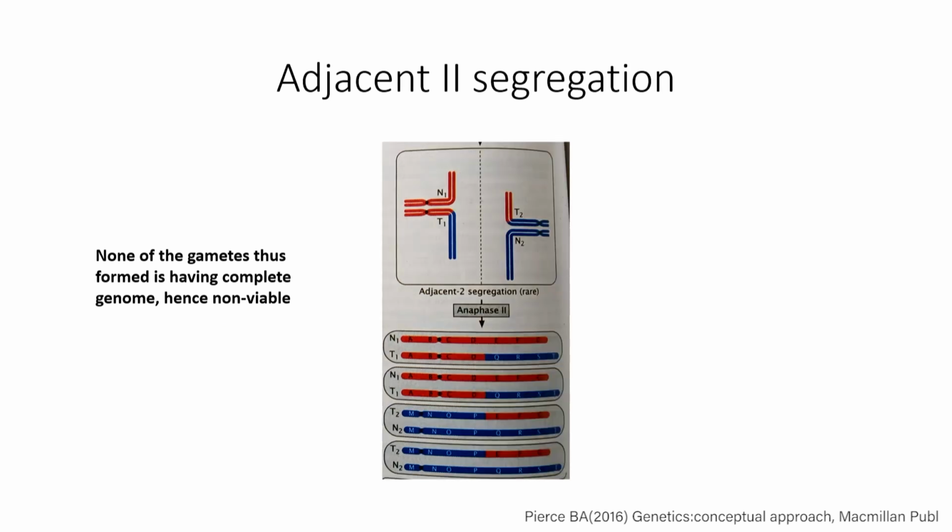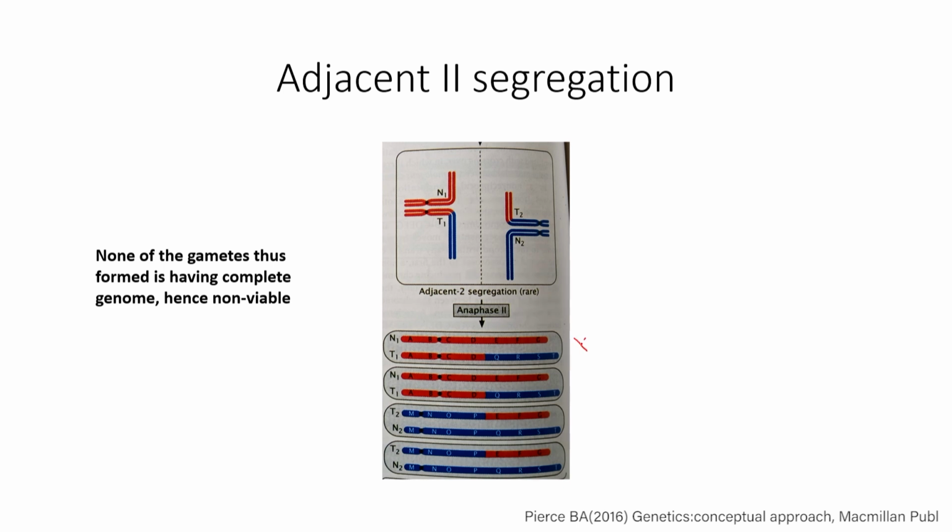Let us go to the adjacent 2 segregation, where the segregation has occurred like this. You can see this red one is complete here, but this red and this part of the blue is here. The rest of the blue is not here, that means this has duplication and this has a part deleted.